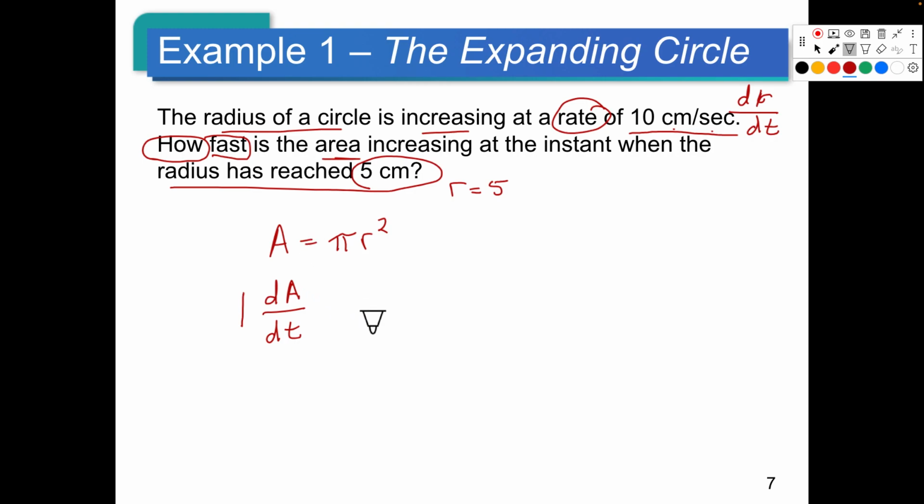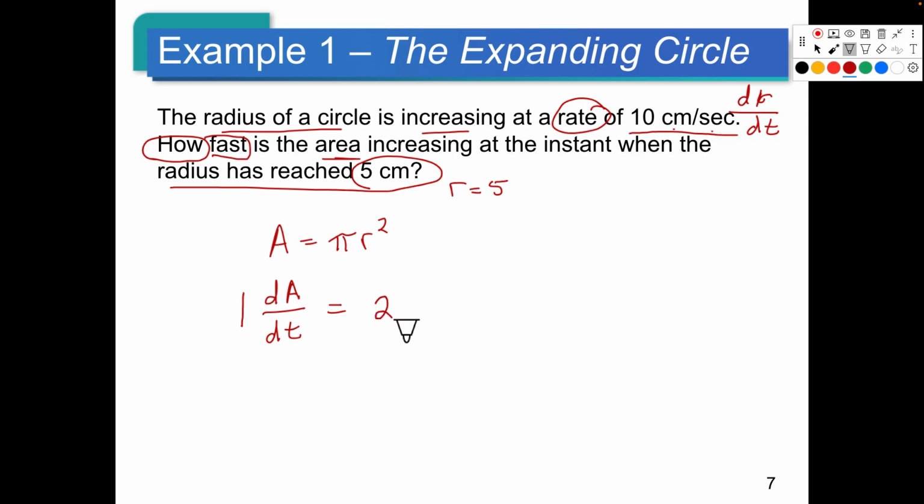Okay, remember this is implicit derivatives. Over here, pi is just a number. It's not a variable. It's 3.14 and so on, it goes on forever. So we just list it as pi, but it is a number. It's a constant multiplier, so it goes along. But then I look at r. R is a variable, r squared. How do I take the derivative of r squared?